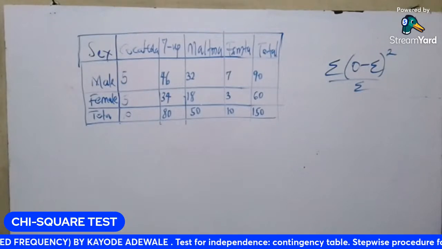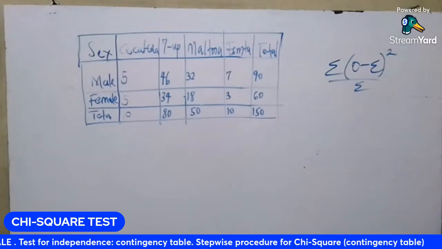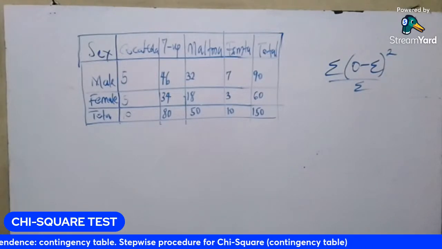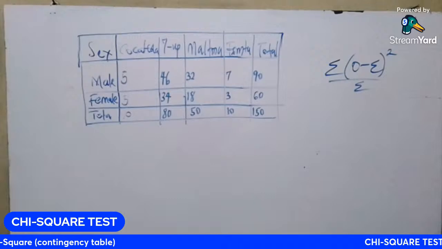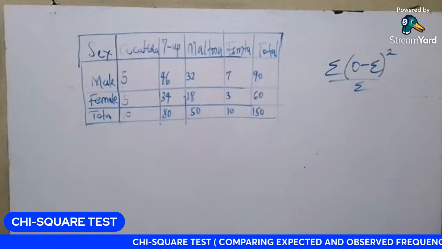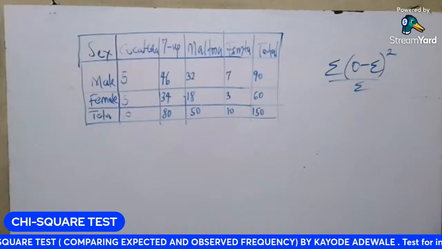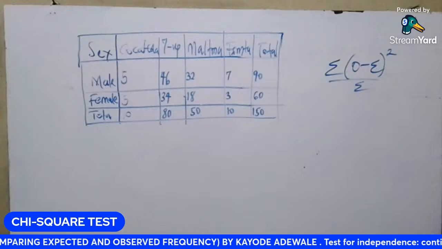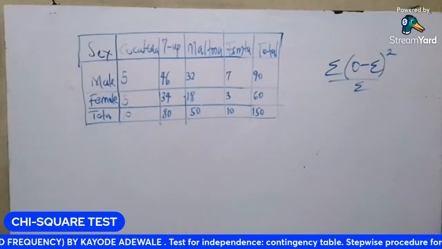Before you can get this, you need to look for your expected frequency, because all the figures this researcher is putting here are observed values. Therefore, there is a need for you to get the expected value. When we get there, we'll talk about the expected value, but I want us to quickly look at these one after the other, and the procedure you need to follow as a researcher.